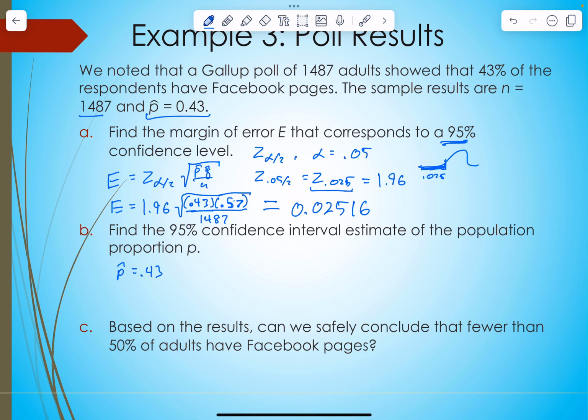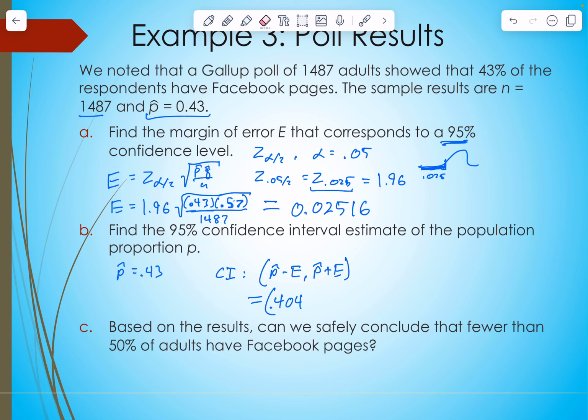And so the confidence interval is going to be p hat minus E, p hat plus E, which is going to be 0.43 minus this, enter, 0.404.